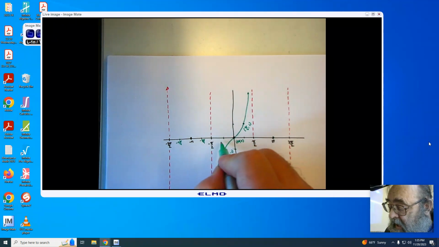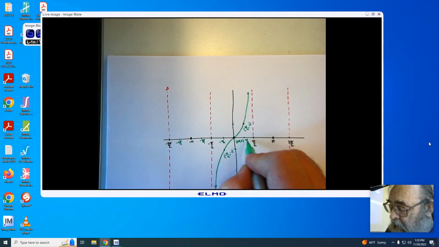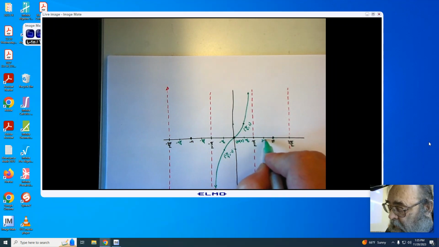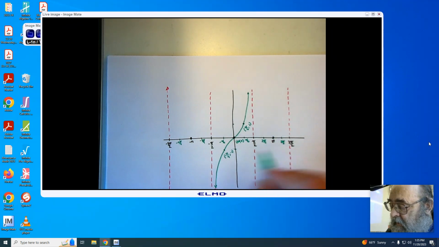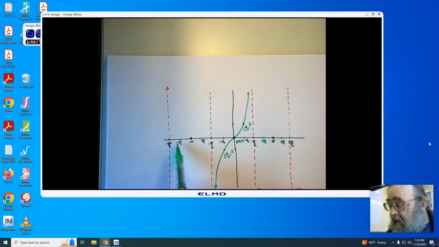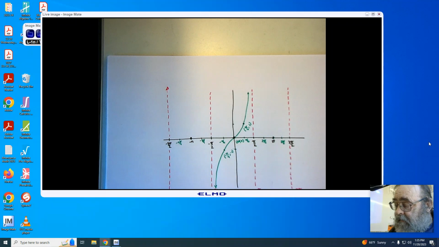Just like this was negative pi over 4, positive pi over 4, this will then be a positive 3 pi over 4, and a positive 5 pi over 4. And so they go by 2s. 5, 3, 1, 1, 3, 5.